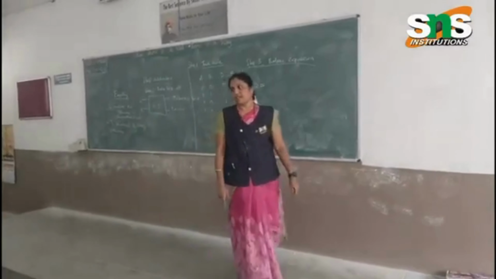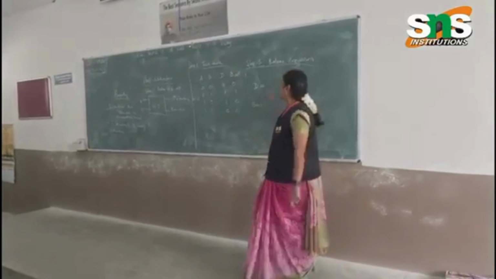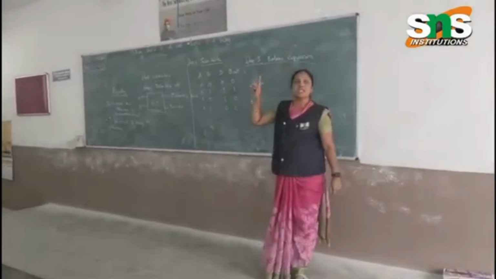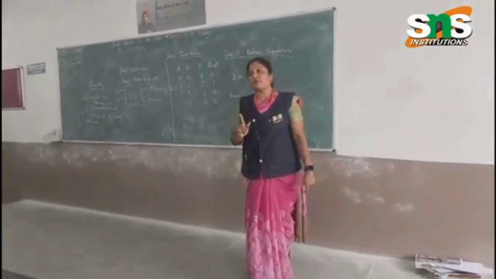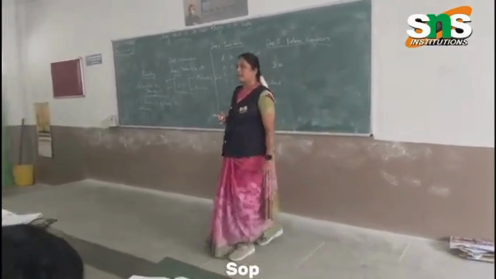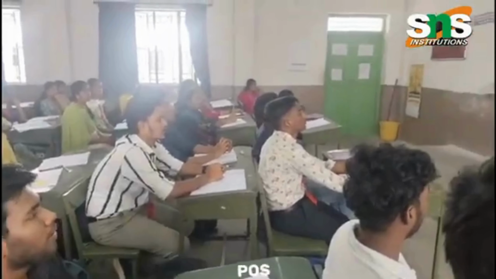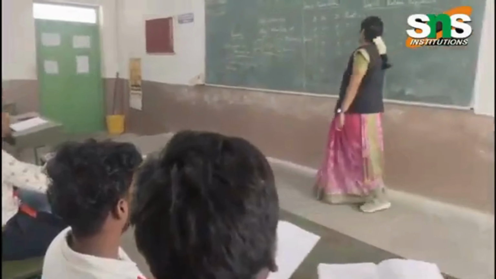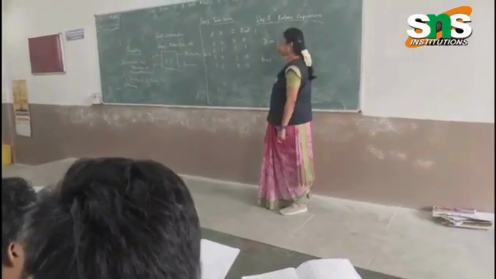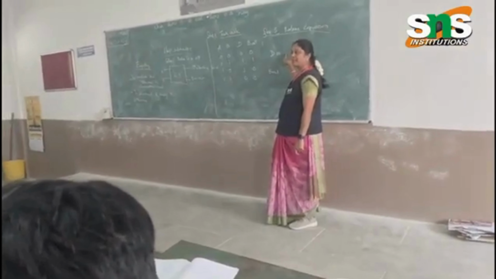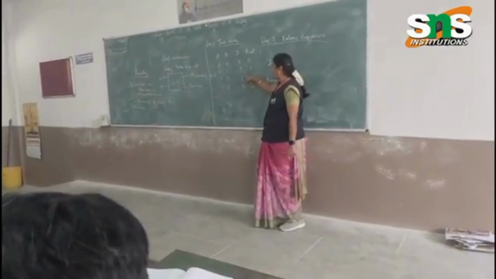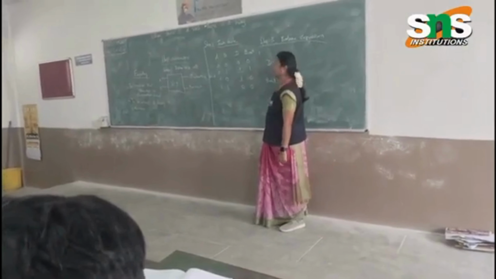Boolean expression. We can write the Boolean expression using SOP or POS form. What is SOP? Sum of products. What is POS? Product of sums. Here we will use the SOP form, that is the minterm form. How can we take the Boolean expression?